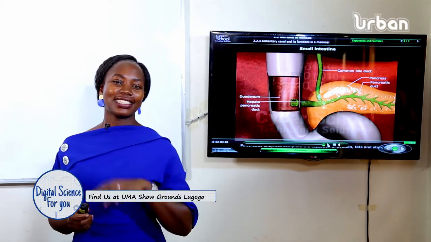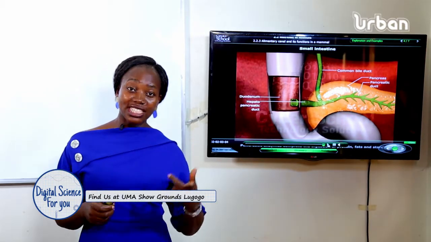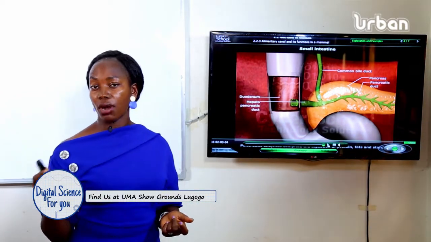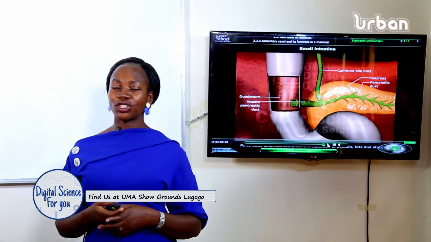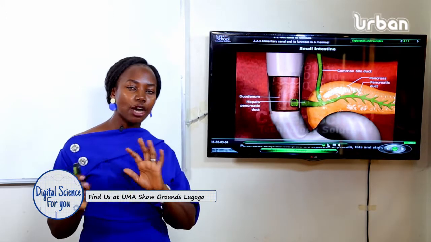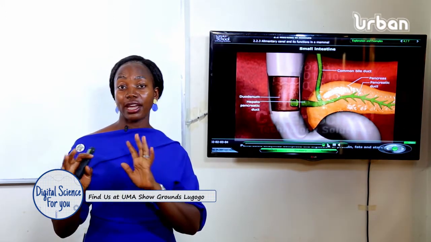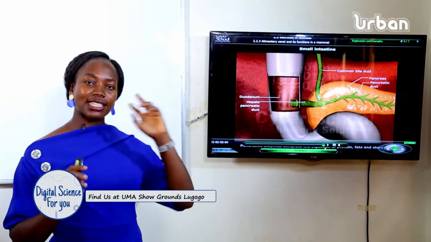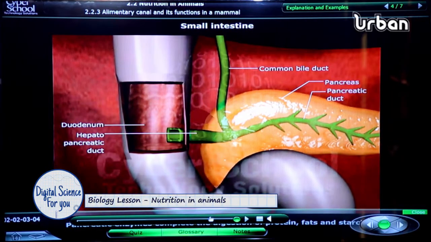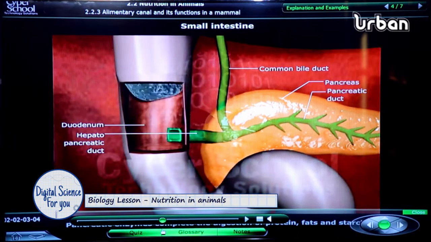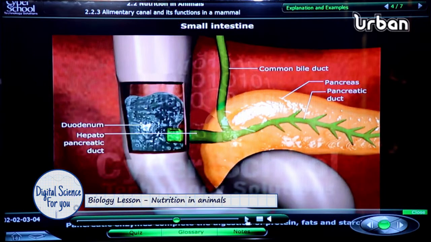Bile contains two salts. One is inorganic, the other is organic. The inorganic salt, which is actually sodium hydrogen carbonate, plays the role of ensuring the right pH. The acidic food which has come from the stomach has to be converted into an alkaline medium for the enzymes in the duodenum to act on that food.